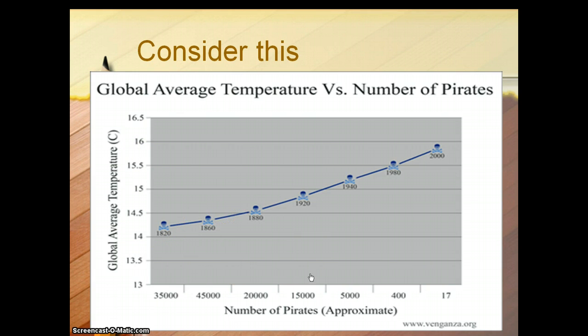Well, obviously from this, you would need to have more pirates in the world, which isn't true. This is an example of a relationship between two sets of numbers that have no cause and effect at all. They just happen to be related, but one didn't have anything to do with the other. You can't lower the average temperature of the Earth by having more pirates. That is a prime example of a mistake people make of trying to introduce a cause and effect relationship.